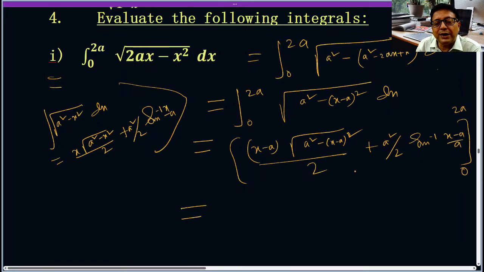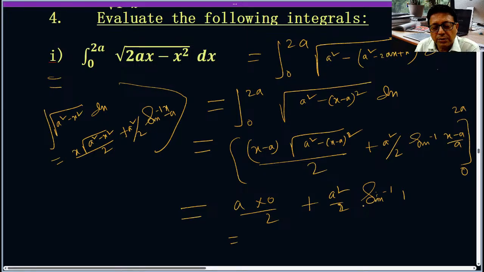Put x equal to 2a there, a, and this will be 0. A square by 2, 2a minus a by a, that is 1. Minus, if you put 0, then everything is 0. Sine inverse 1 you know, pi by 2, so pi square by 4.